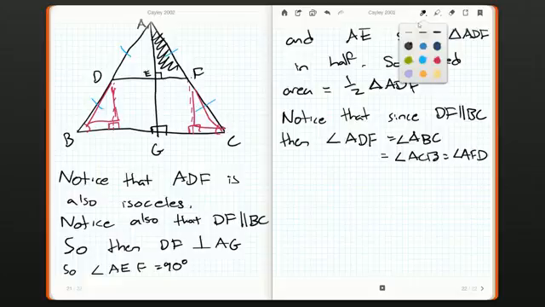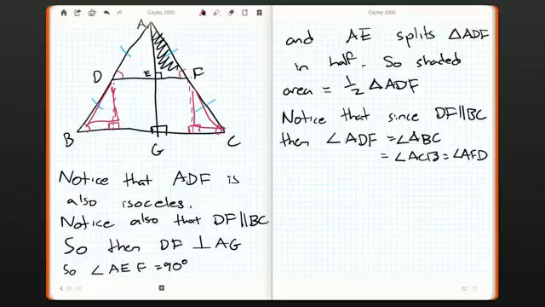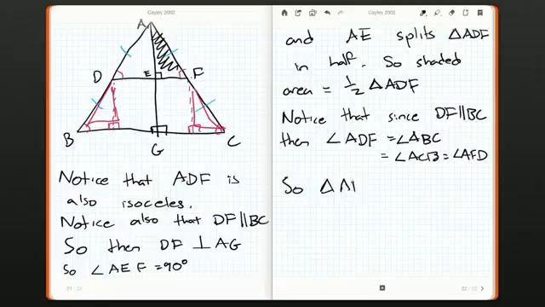But the point is that we can now introduce our red angle here and here. So that tells me ADF is similar to ABC. Now we have our shaded area in terms of ADF. It's 1/2 of ADF. And now we're starting to get a relationship between ADF and ABC.